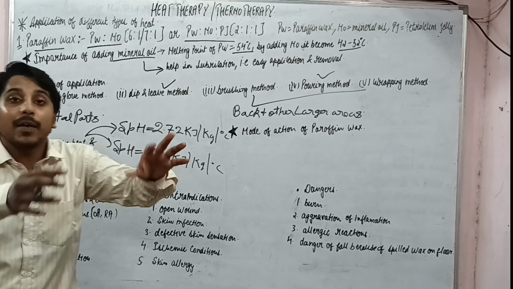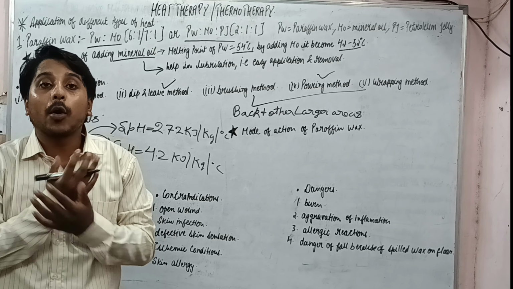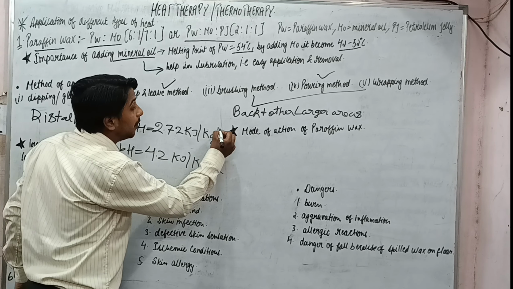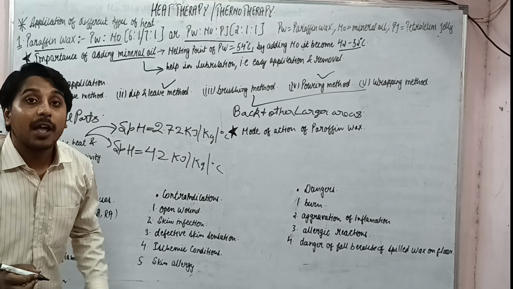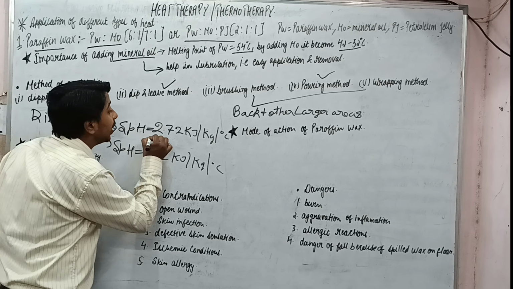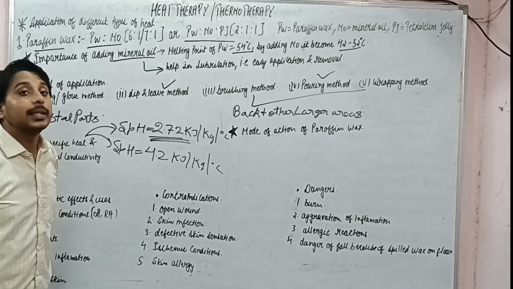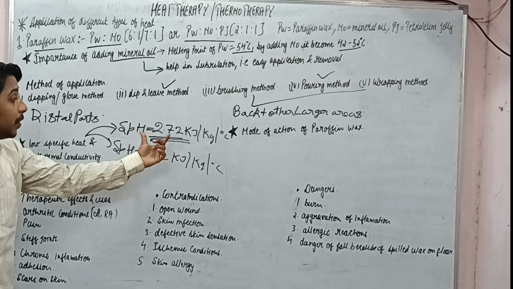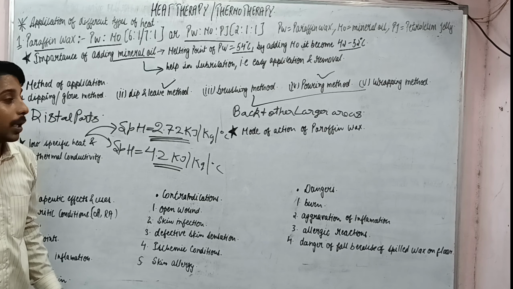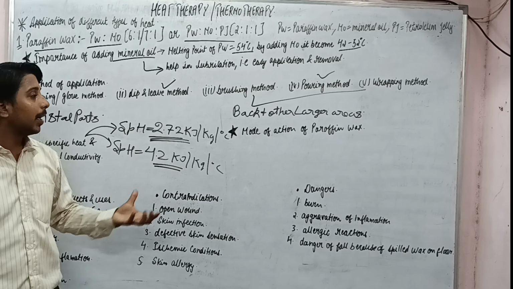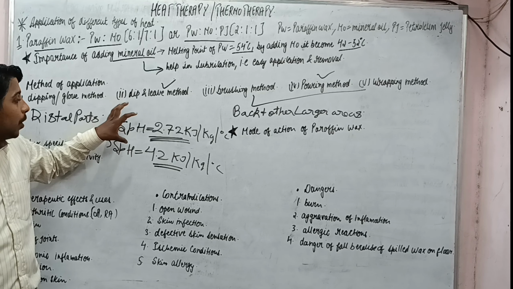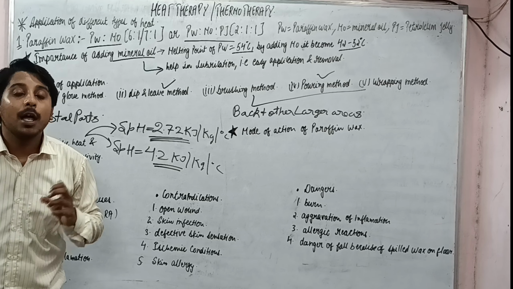That is, paraffin wax will lose heat and our body will gain heat. How much heat? For a change of 1 degree Celsius, when the paraffin wax cools by 1 degree Celsius, it releases 2.72, which is very low compared to 4.2 for water. So water can easily cause burns, but due to low specific heat, fewer burns are produced by paraffin wax.